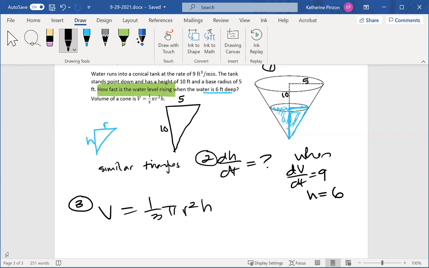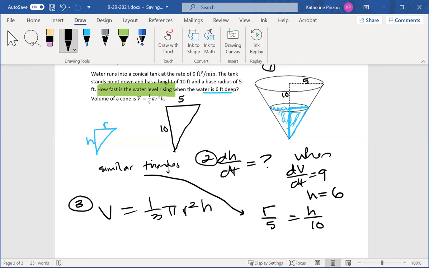The similar triangle part. Can you use the similar triangle part to get rid of r? Yes, let's use it. So I'm going to detour over here to the similar triangles. I'm going to set it up as r over 5 is equal to h over 10.